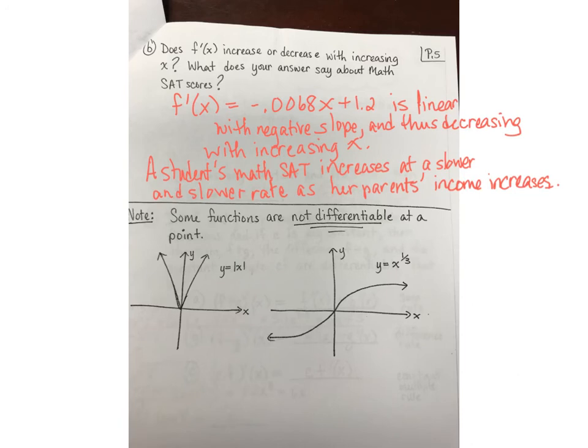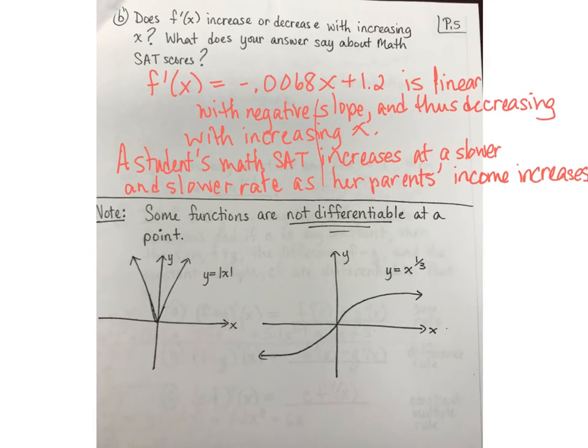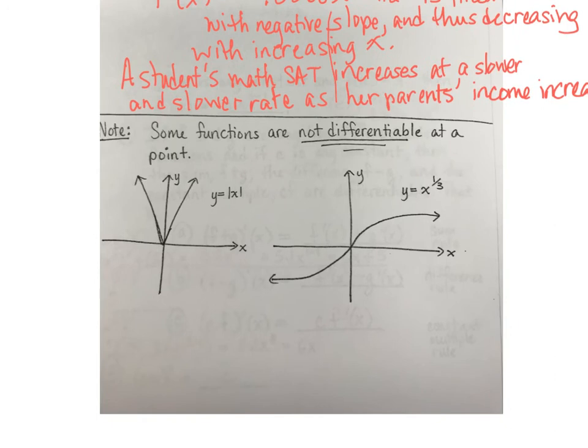Okay? Now, note, some functions are not differentiable at a point. So if we look at this graph here, this is the graph of y equals the absolute value of x, and that's given by y equals x if x is greater than or equal to 0, and negative x if x is less than 0.